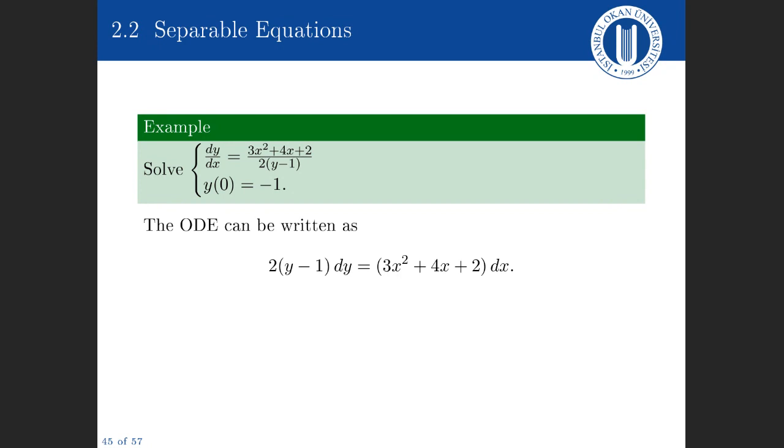I can move all of the y terms to the left, and I can move all of the x terms to the right. And then I can integrate. The integral of the left side is y squared minus 2y. The integral of the right side is x cubed plus 2x squared plus 2x plus c.